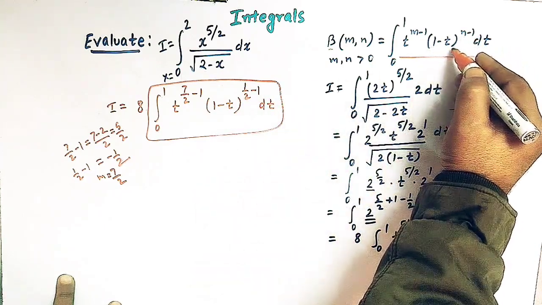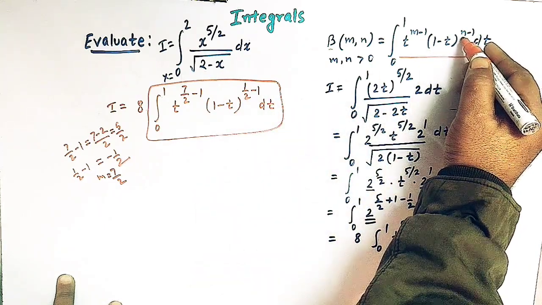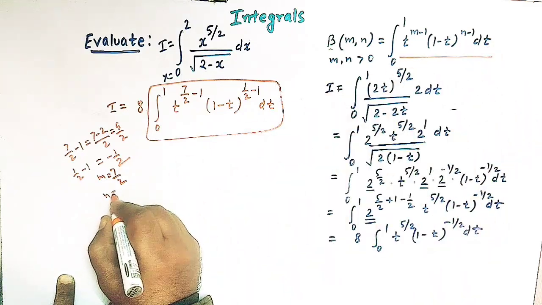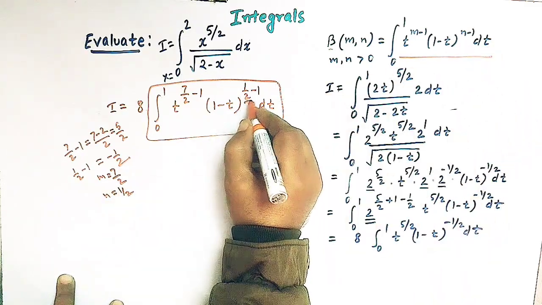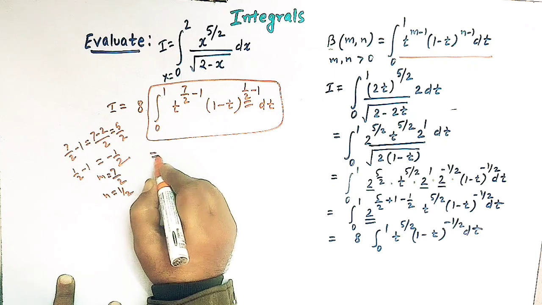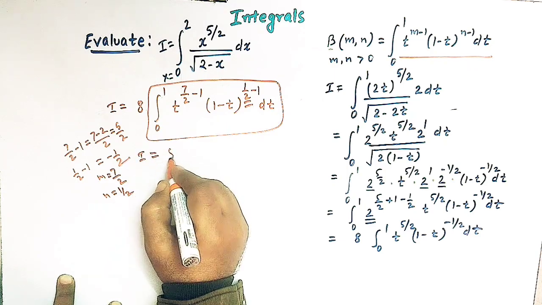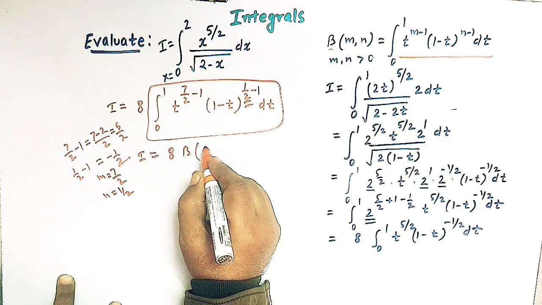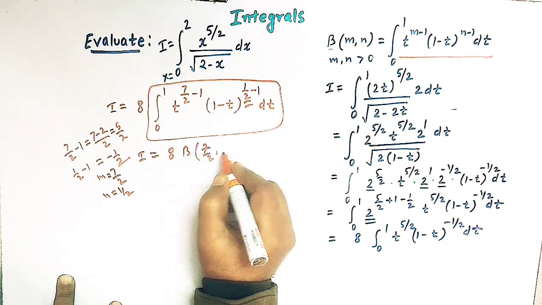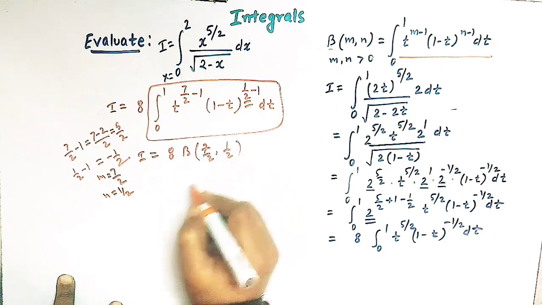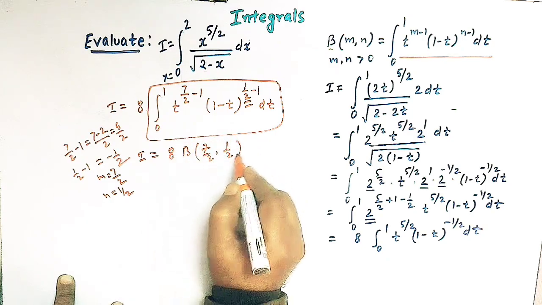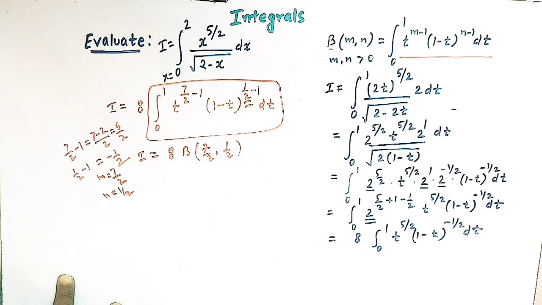So here we have 1 minus t raised to n minus 1. Comparing again, we can now write n is equal to half, right? So now we can write this integral I as 8 times the beta function, that is beta 7 over 2 comma half, right?